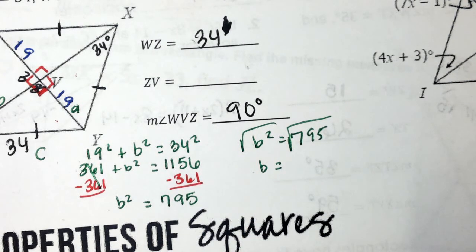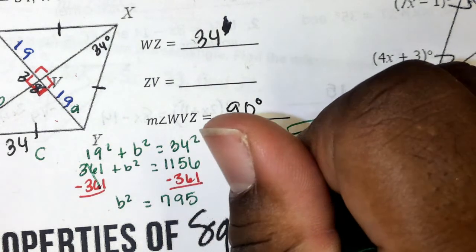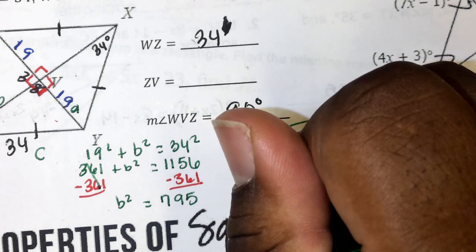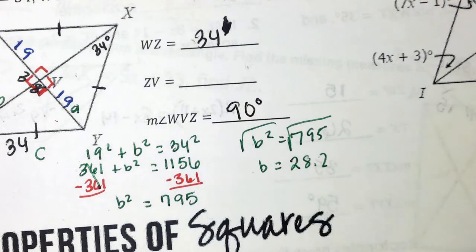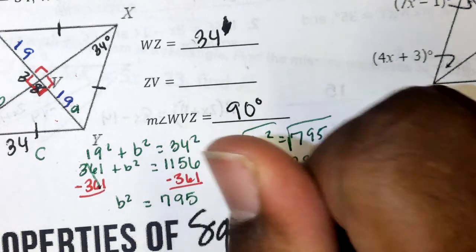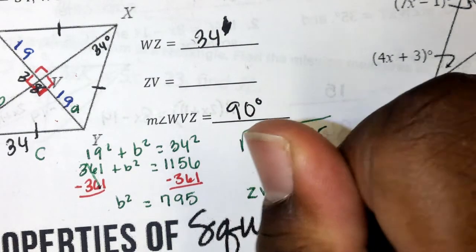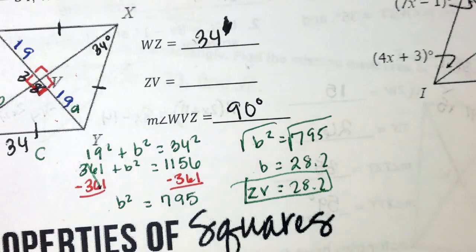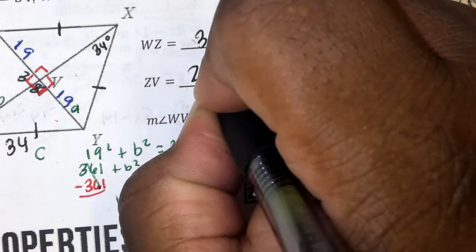They said round to the nearest tenth. Anybody? 28.2. So in that case, B equals 28.2. So in turn, ZV equals 28.2. So on this one, 28.2 is ZV.